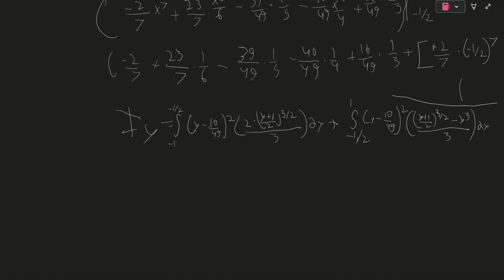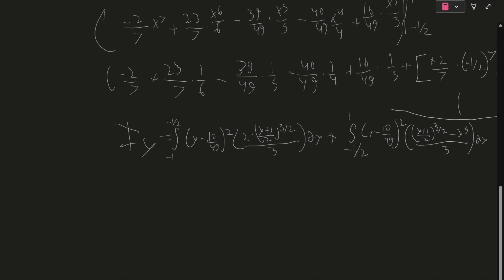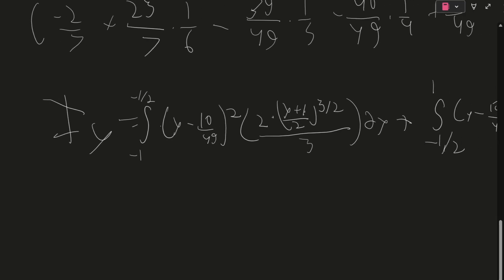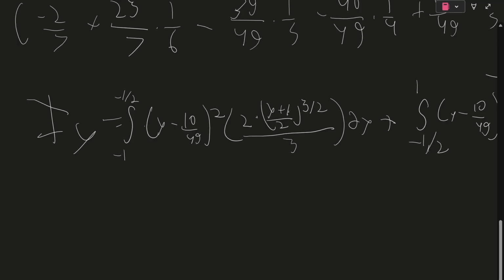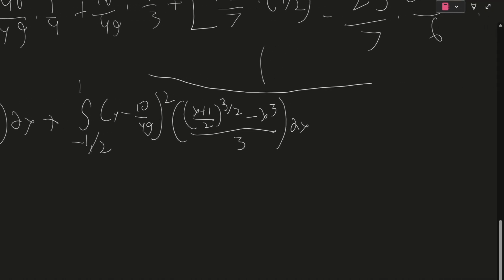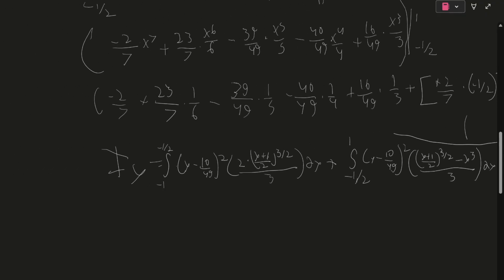So I sub y is equal to the integral from -1 to -1/2 of y minus 10 over 49 squared times 2 times y plus 1 over 2 to the 3/2 over 3 plus the integral from -1/2 to 1 of y minus 10 over 49 all squared times y plus 1 over 2 to the 3/2 minus y cubed all over 3. And that's also with respect to y.